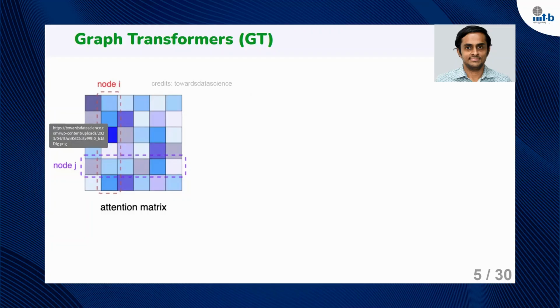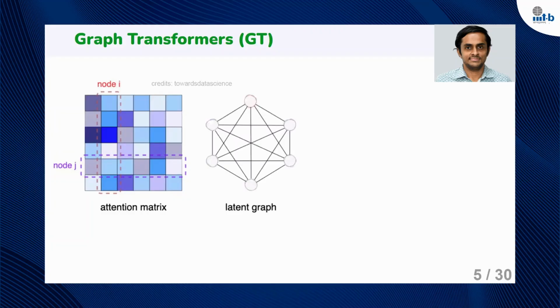Because every node looks at every other node, we have this n by n attention matrix, which has n squared entries.